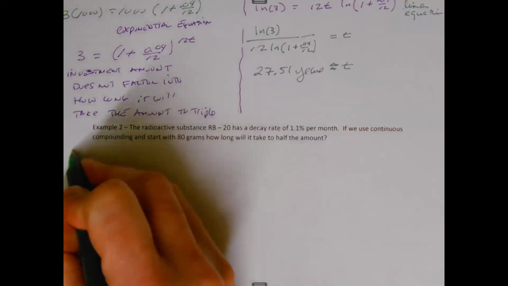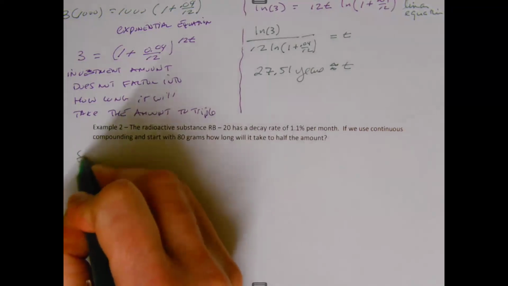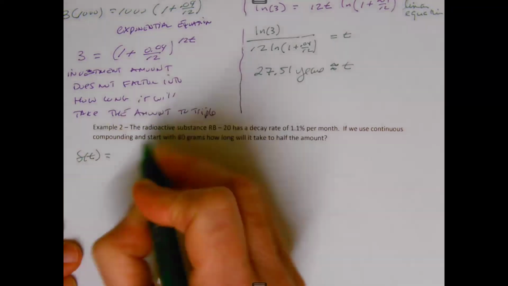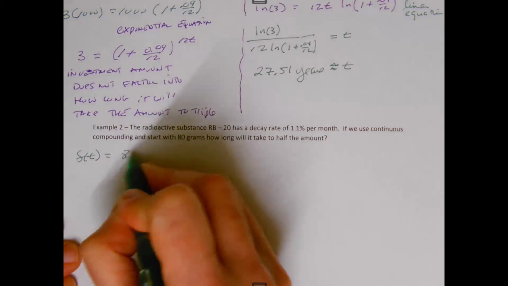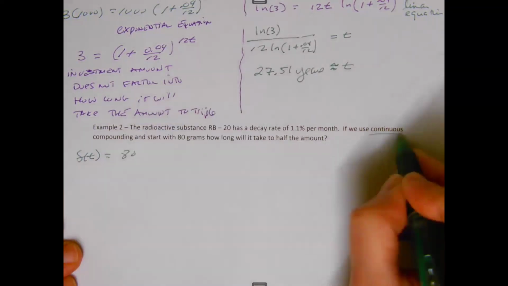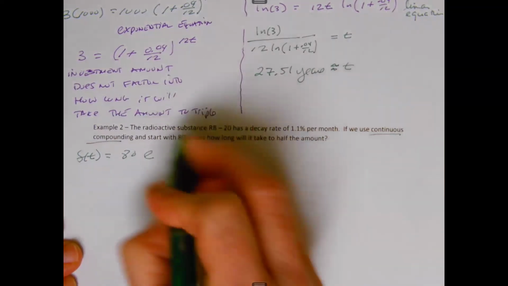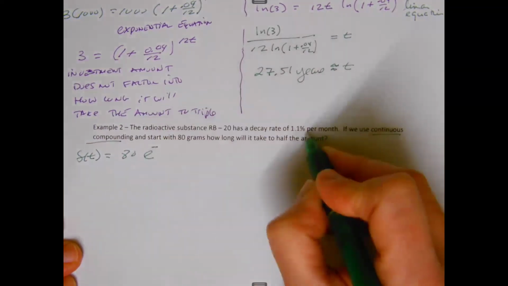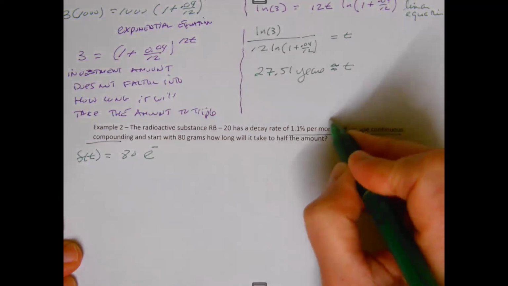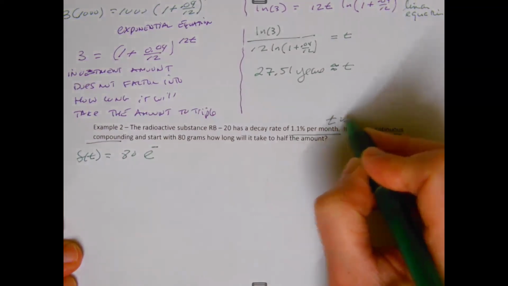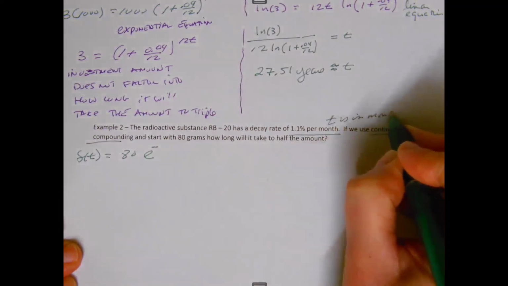So again, I'm going to write first the equation, putting everything I know. It's 80. I'm going to use continuous compounding. E, and the decay rate is 1.1% per month. So notice because it's per month, t is in months.